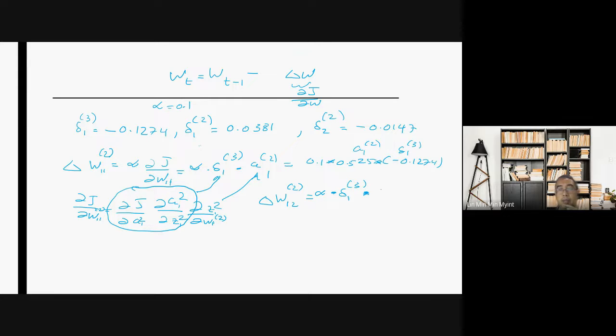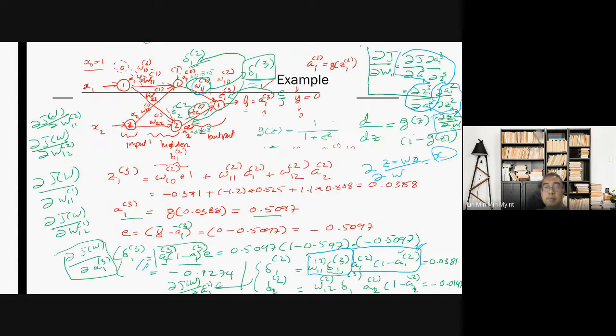So this is 0.1 multiplied with minus 0.1274, multiplied with A22.